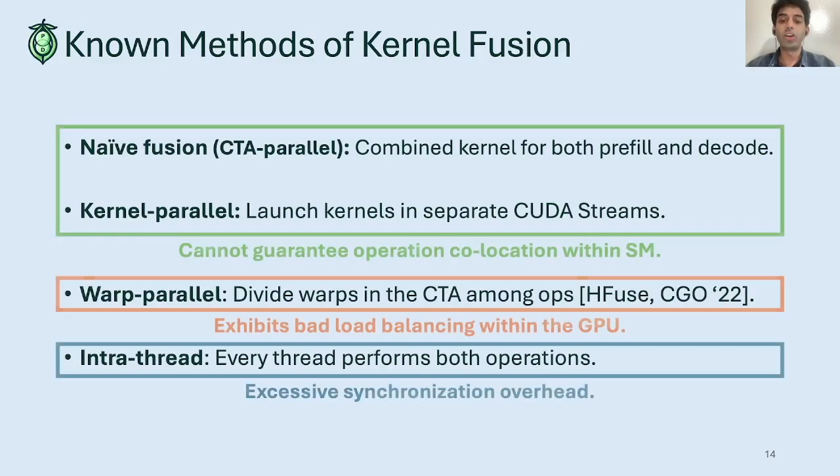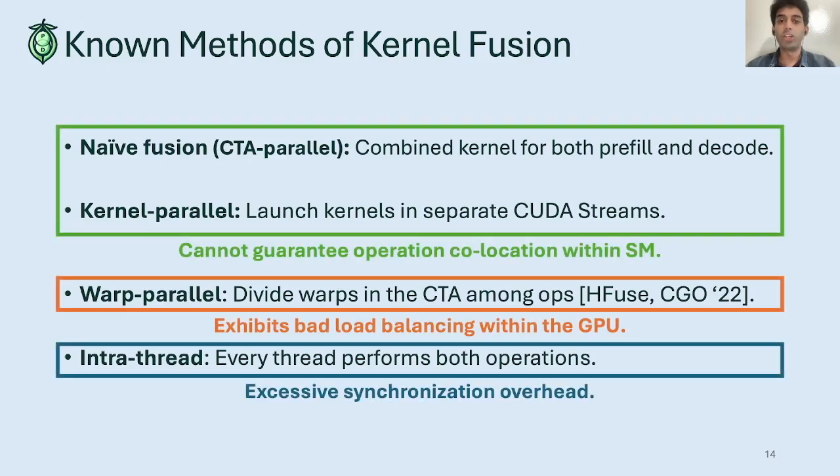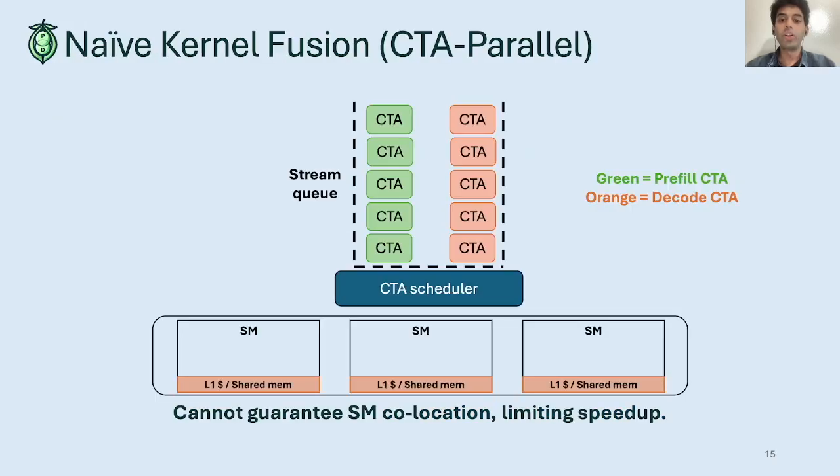Naive fusion and kernel parallel cannot guarantee operation co-location within an SM, as we shall see shortly why. Warp parallel execution exhibits bad load balancing within the GPU, and intra-thread fusion requires excessive synchronization overheads, which are required for correctness. The traditional method of kernel fusion involves combining the two kernels into one kernel, assigning the different CTAs to different operations.